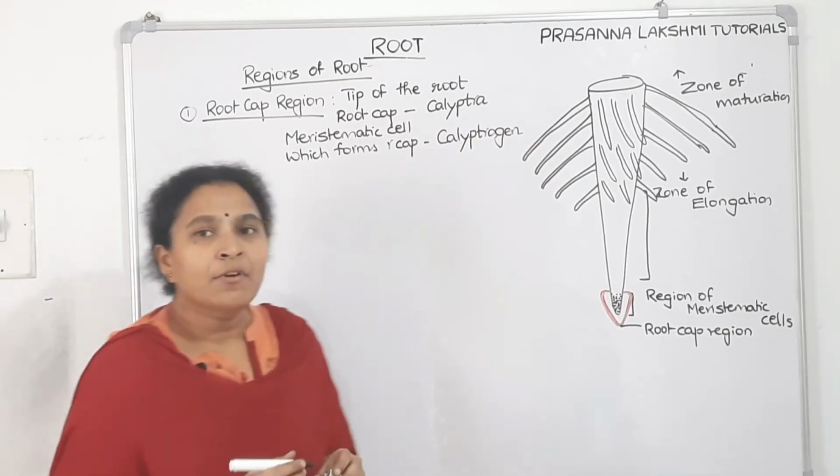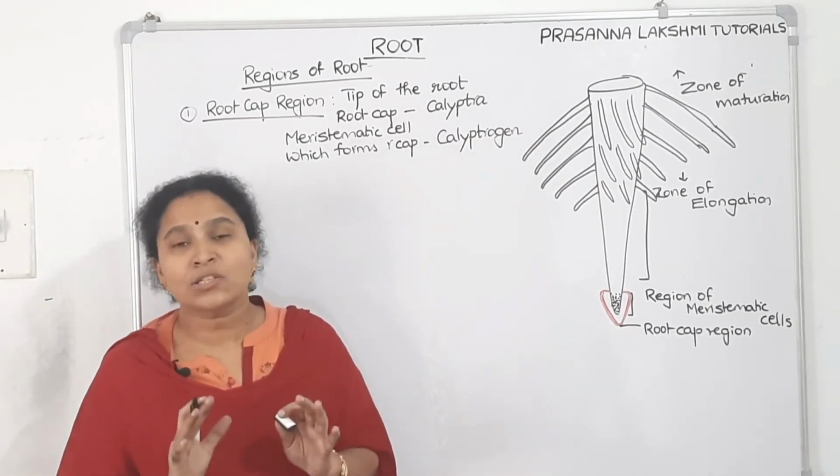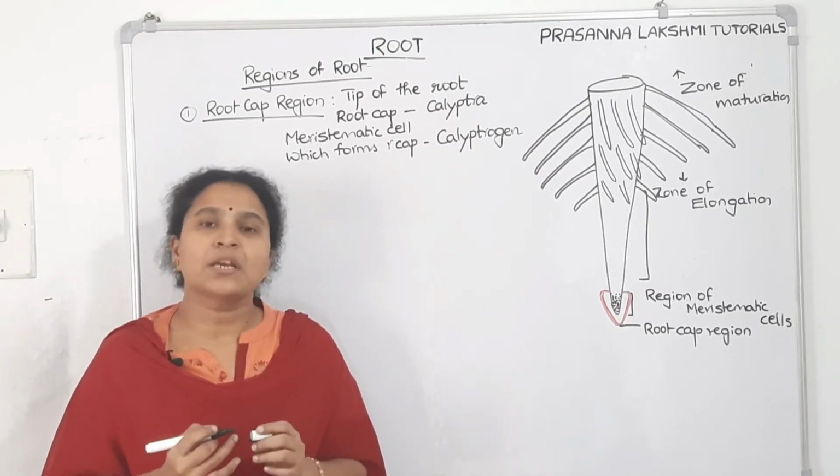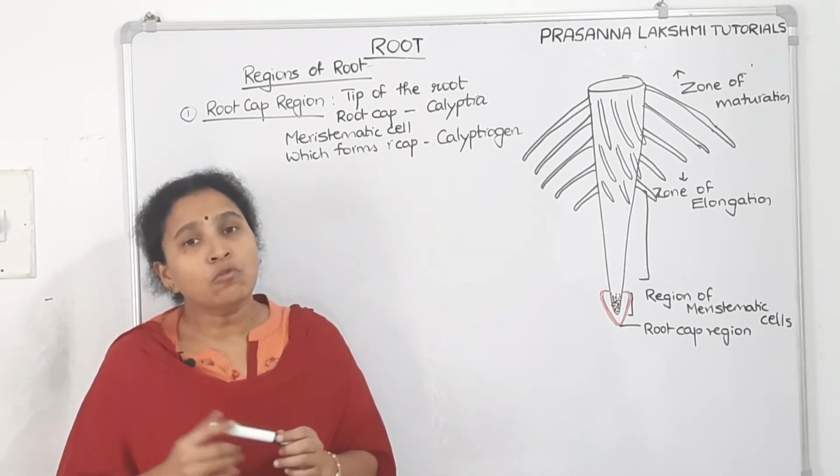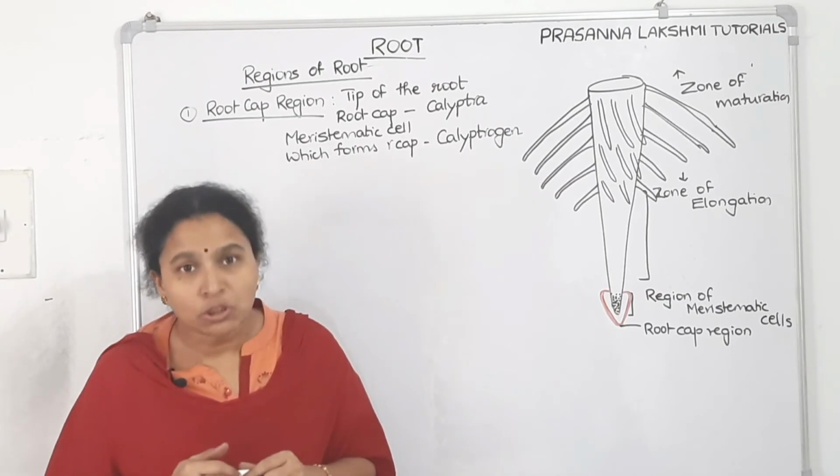Understood? Now, in terrestrial plants, roots are protected by root caps, but in aquatic plants, root caps are replaced by root pockets.